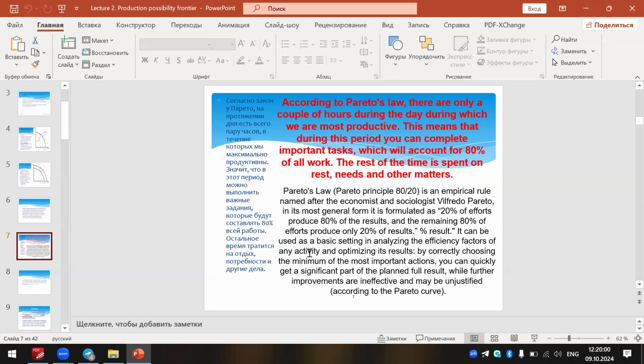In its most general form it is formulated as 20% of efforts produce 80% of the results. And the remaining 80% of the efforts produce only 20% of the results. You see, it can be used as a basic setting for analyzing the efficiency factors of any activity and optimizing its results.